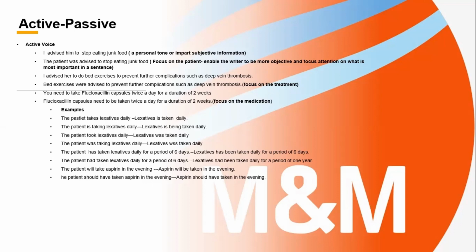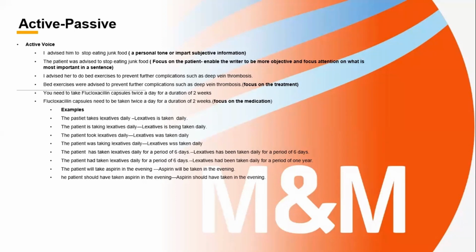So we may write it down in the active voice. But if it's written, for example, painkiller, no relief, we are trying to highlight the non-effective nature of the painkiller. If it's written, let's say, painkiller, non-compliant, we are trying to focus on the patient behavior. So according to the importance of the case, we have to write things down, right?